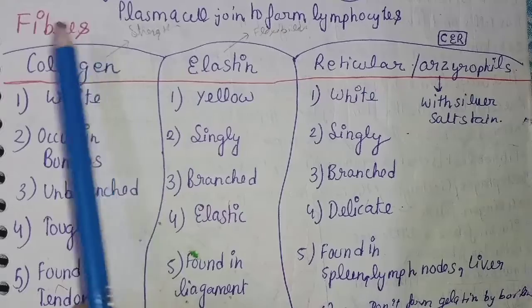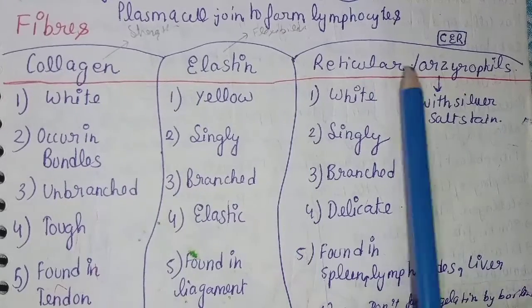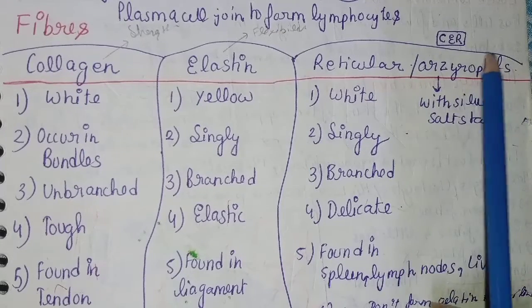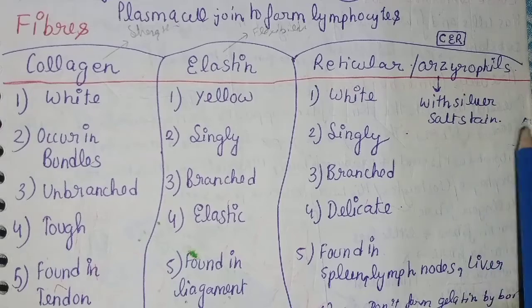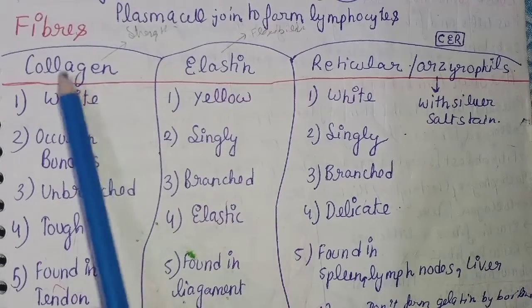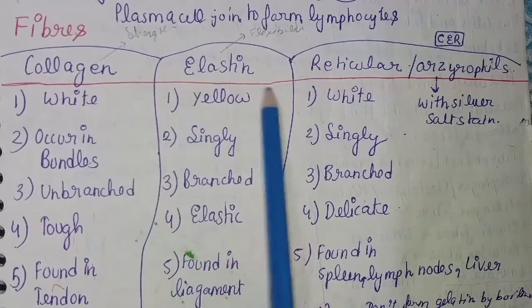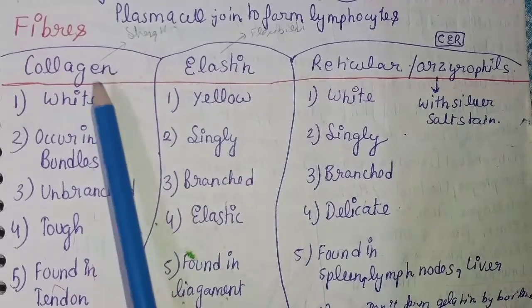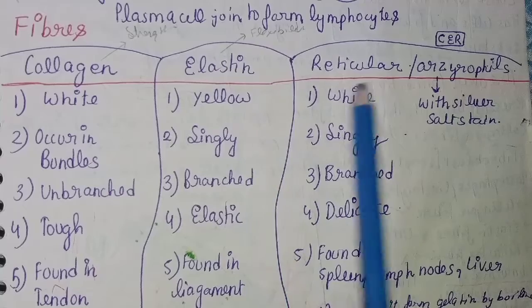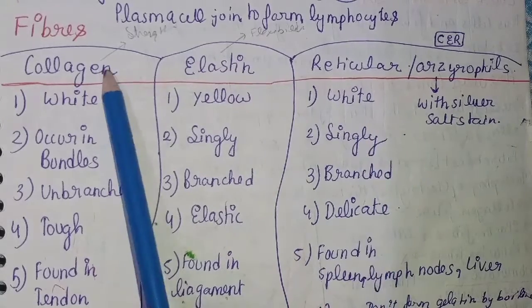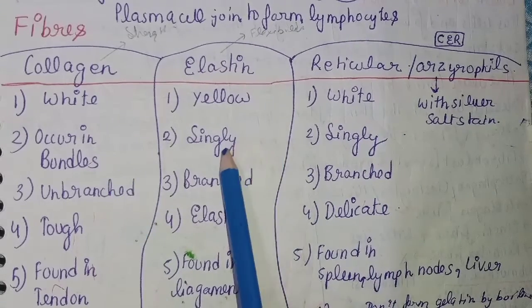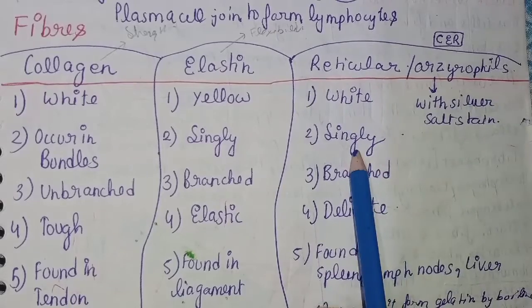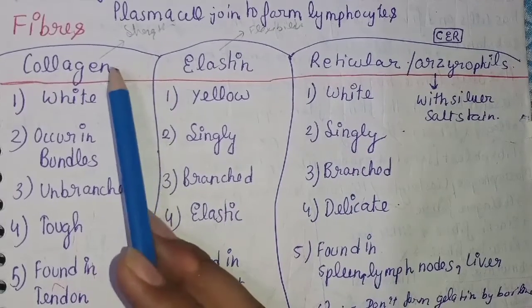So as you can see, all the fibers, collagen, elastin, and reticular or argyrophil, as it is stained with a silver salt stain, so it is white. So this is a comparison table between all three of them. Collagen is white, elastin is yellow, reticular is again white. Collagen occurs in bundles, elastin occurs singly, and reticular also occurs singly or in pairs.